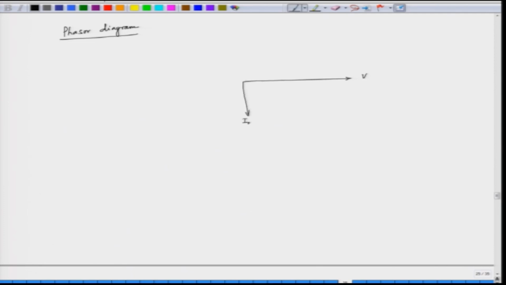So, this is I m, and over this we have the rotor current which is I r referred from the stator side, and then when we join these two we get the overall current.